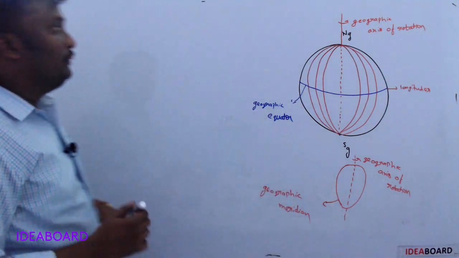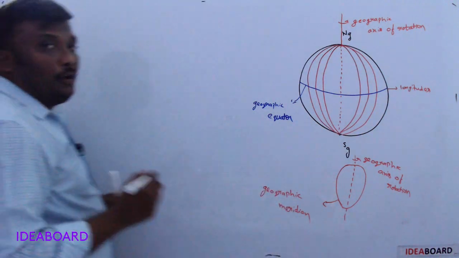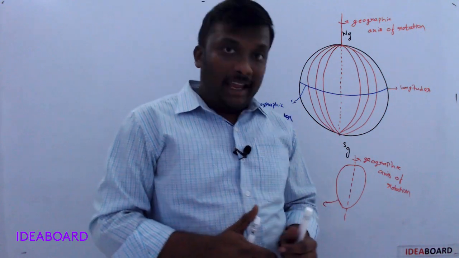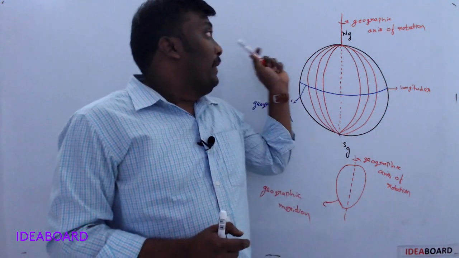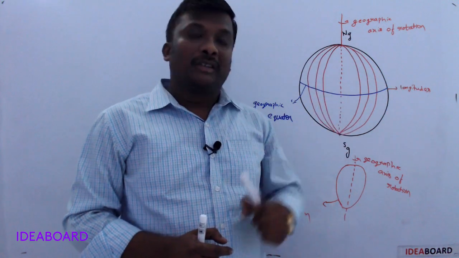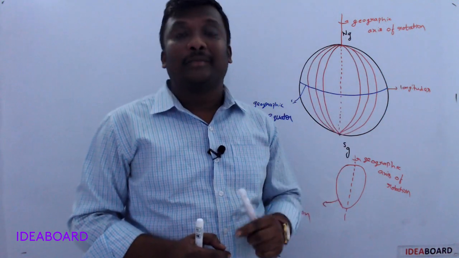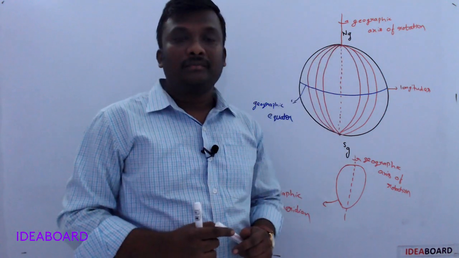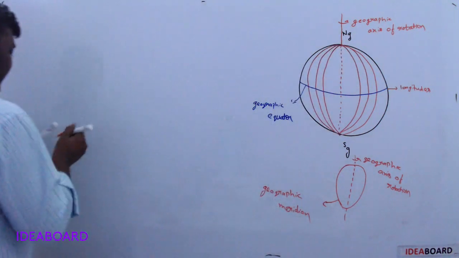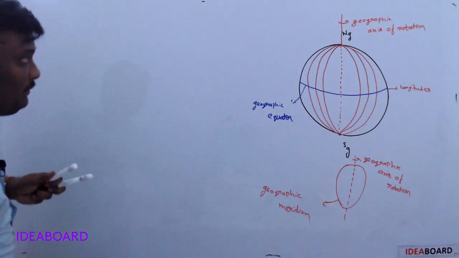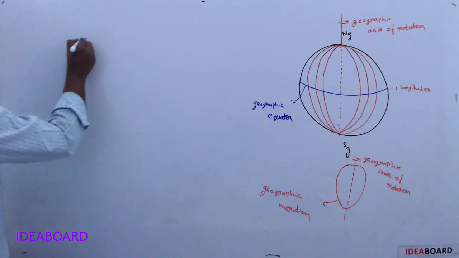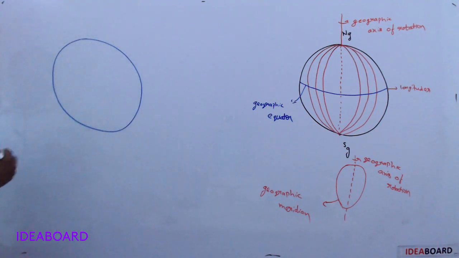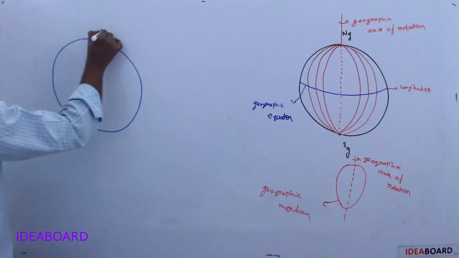Understand? Now, we all know that Earth is a huge magnet and that magnet has two poles, that is Nm and Sm. They don't coincide with the Ng and Sg. On the surface of the earth, this is Ng and Sg.